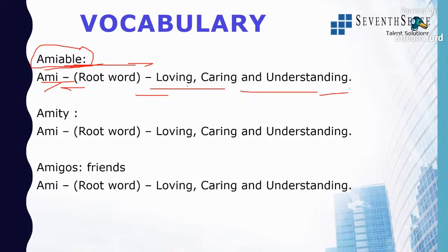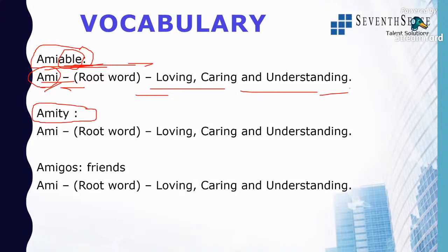Amiable. Before that you should know the meaning of a root word, right? The meaning of the root word AMI is loving, caring, and understanding. Able means ability. The suffix able is showing that it is having ability. A person who is having the capability of loving, caring, and understanding things. Amity. You have heard of Amity University, right?